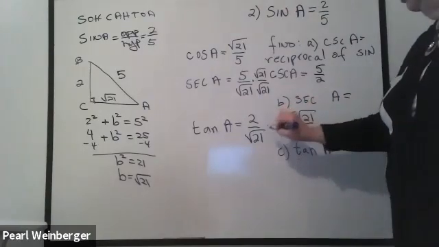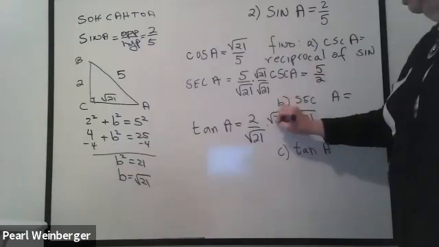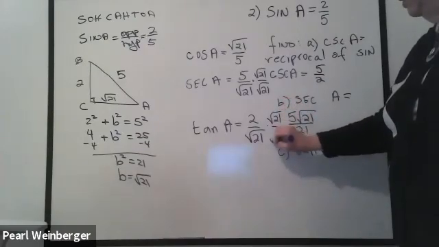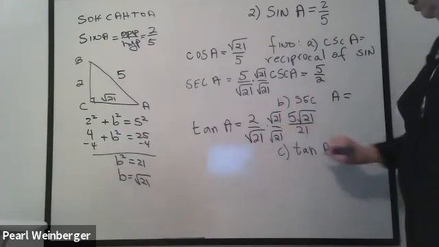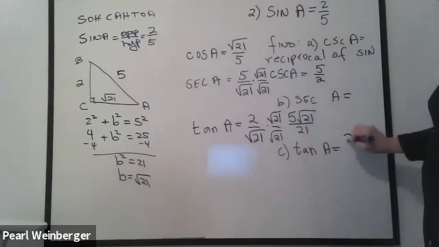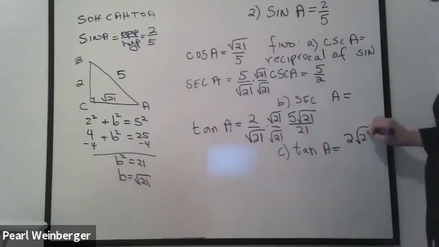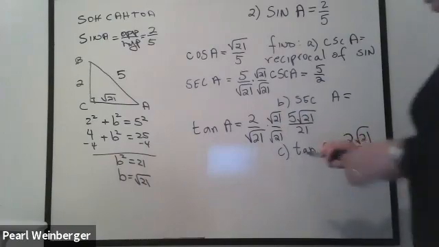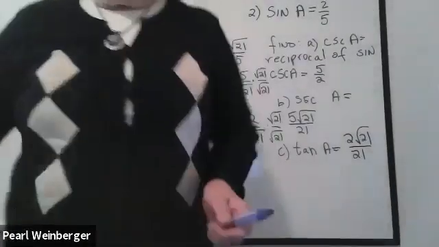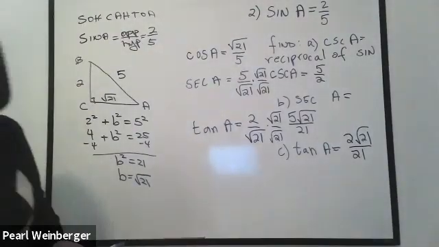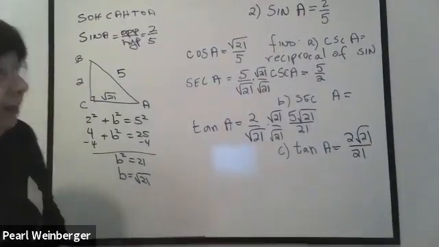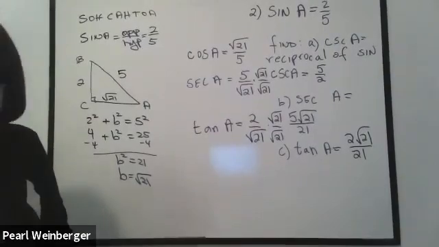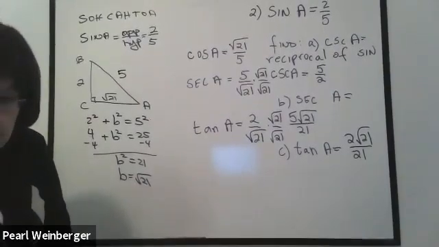Again, you don't want to leave the radical 21 in the denominator, so you multiply top and bottom by radical 21, and that'll give you 2 radical 21 over, again, plain 21. So those would be the answers, and those are the types of questions you should be prepared to answer in terms of trigonometry.